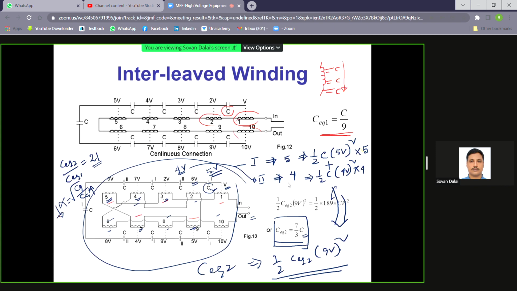In every method we are trying to increase the value of CS but not CG, because if you want to decrease the value of CG, you have to place the transformer tank far away from the winding. Physically it is not possible, because for that case the overall size of the tank as well as the overall cost of the transformer tank increases.